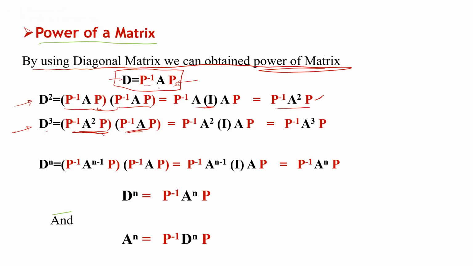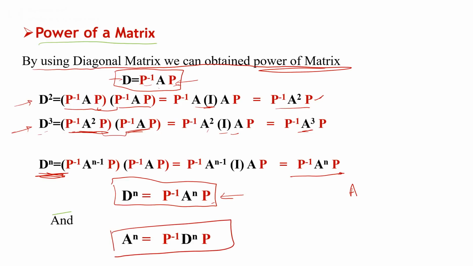Again P and P inverse become I, and A square and A become A cube. In a similar way we can find D to the power n, the nth power of D. So we get P inverse A power n P. So here D power n is equal to P inverse A power n P. This is used for the power of a matrix. It means if we find the diagonal matrix of any matrix, and we require to find A cube, A5 and so on, then with the help of the diagonal matrix we can find them. Similarly, A power n is equal to P D power n P inverse.